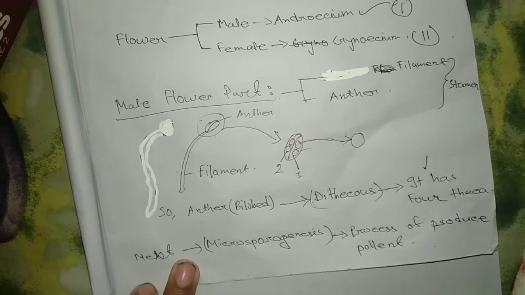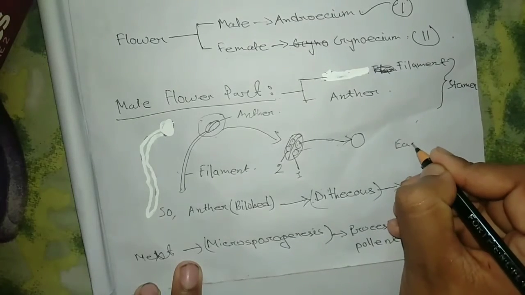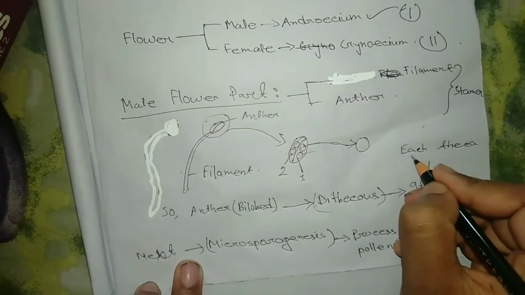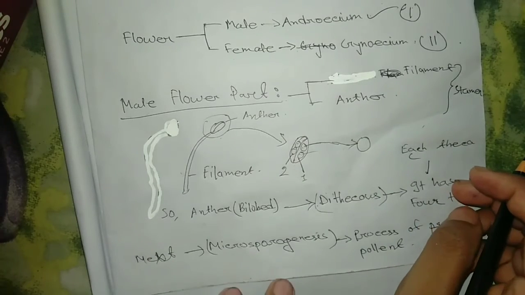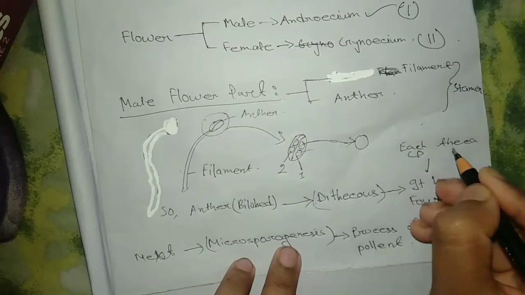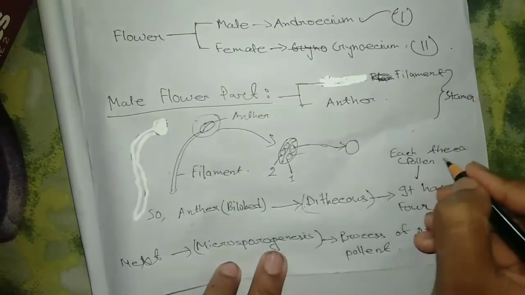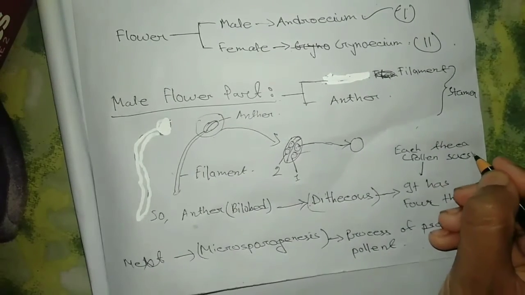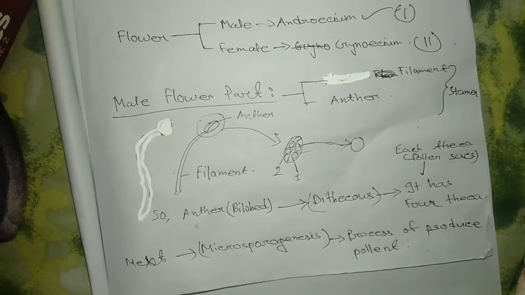I have told you about the four theca. I forgot to tell that theca is also known as pollen sac, which takes an important role in producing pollen. Theca is known as pollen sac.